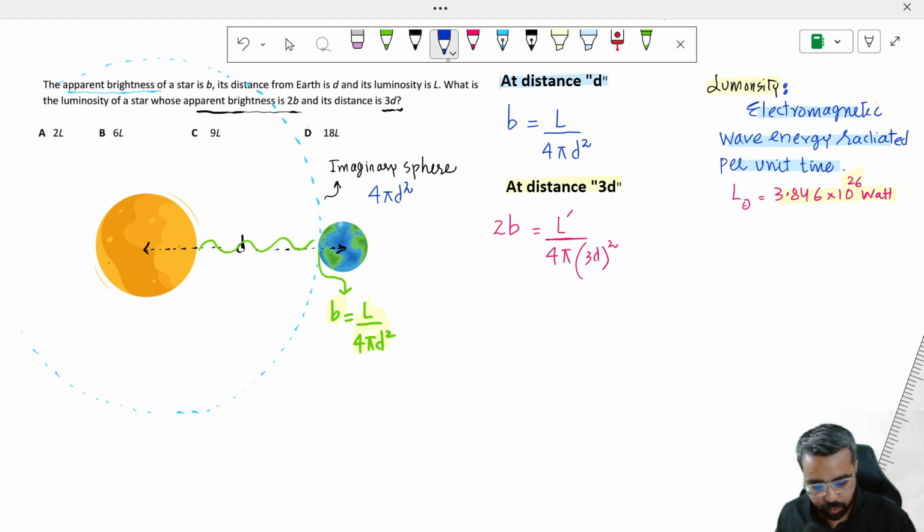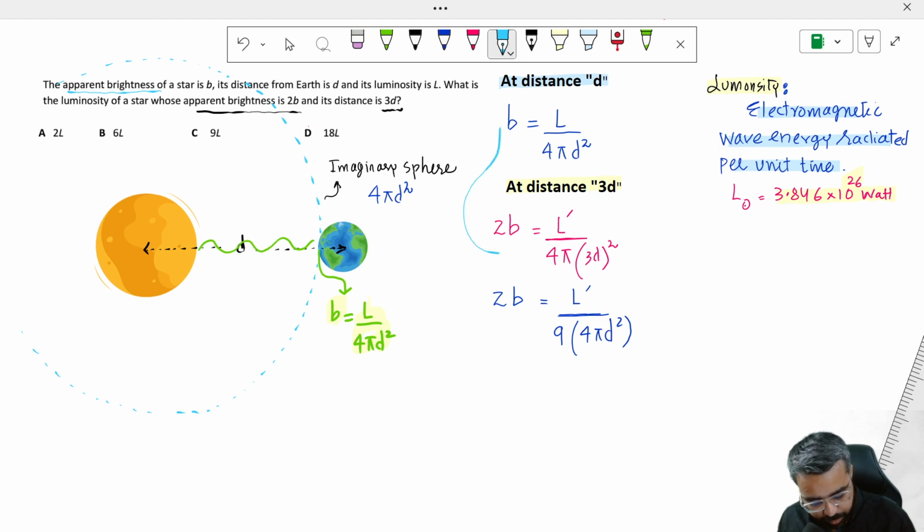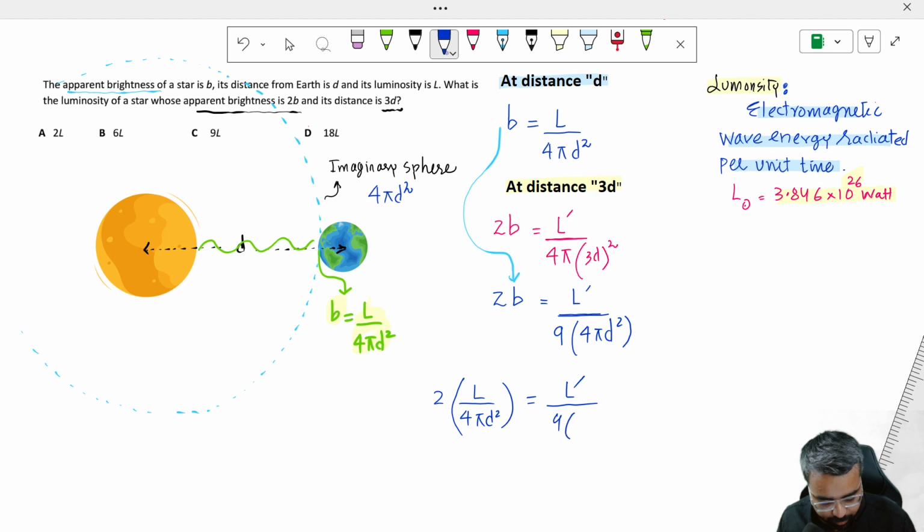Now we will simply solve it. You can equate the two equations, or substitute the value of b, in order to solve for the luminosity. That will be 9 into 4 pi d square. Plugging in the value of b, it can be written as 2 into L over 4 pi d square equals L prime over 9 into 4 pi d square.